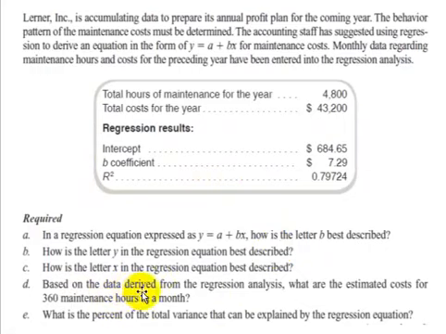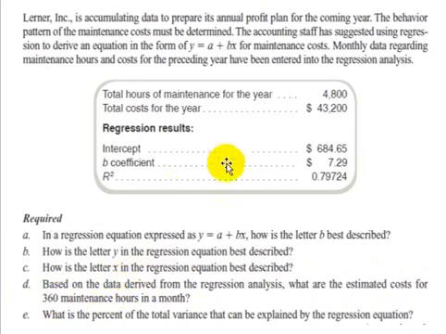Based on data derived from the regression analysis, what are the estimated costs for 360 maintenance hours in a month? So we have to estimate the cost of maintenance at activity level 360 maintenance hours.